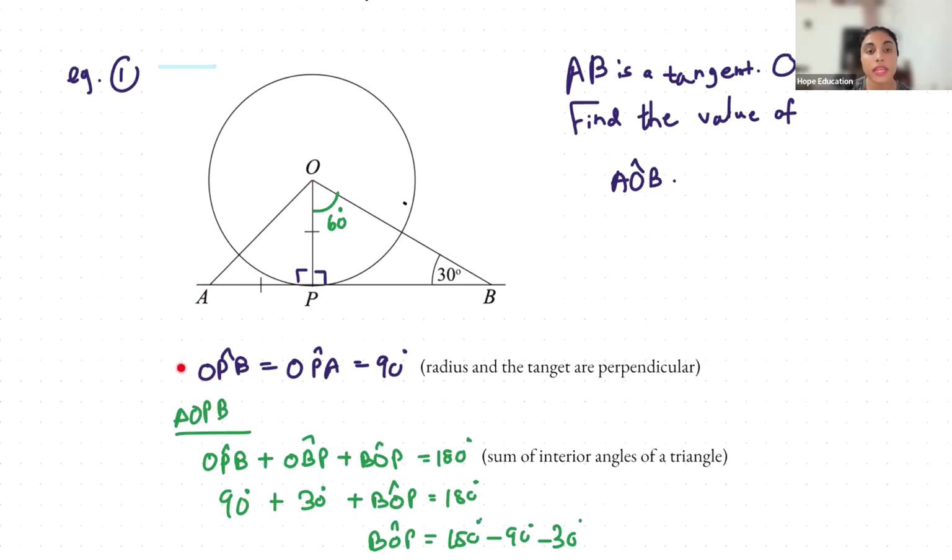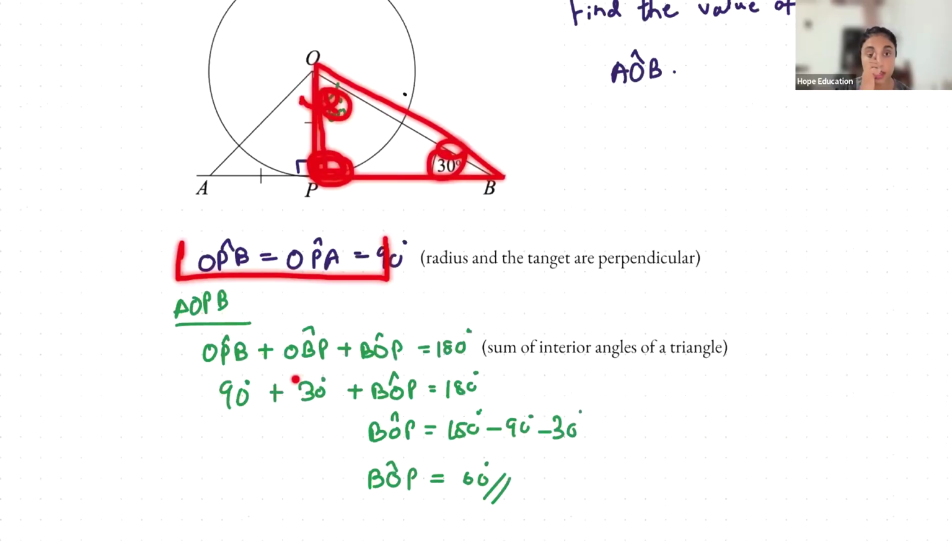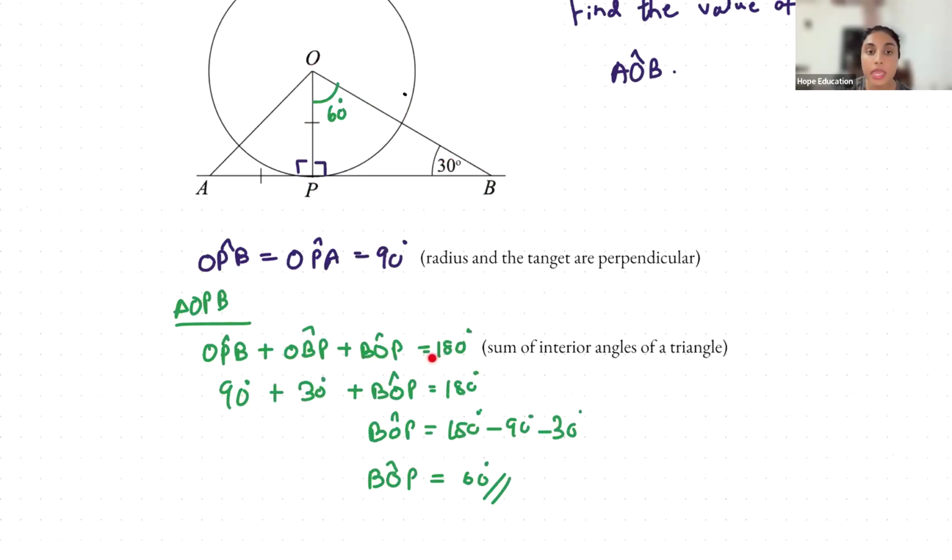Next, take the interior angles of this triangle. You know, in a triangle, when you add the interior angles, it will be 180. So we add all three, and you get 180. Here, OPB is 90 degrees, so instead of OPB I write 90.